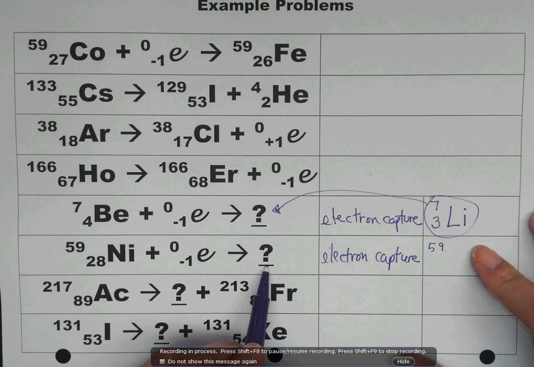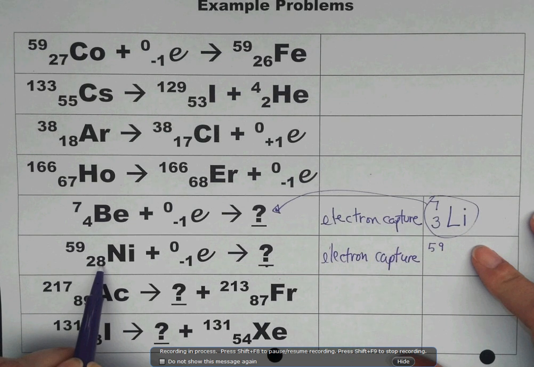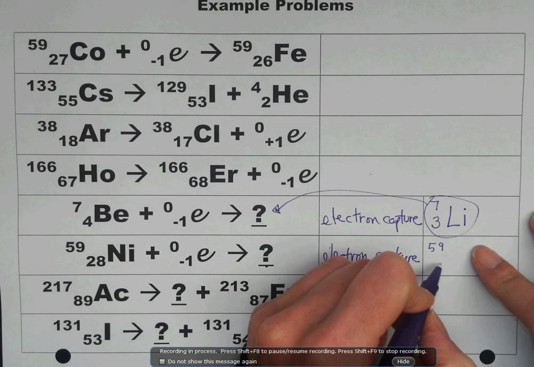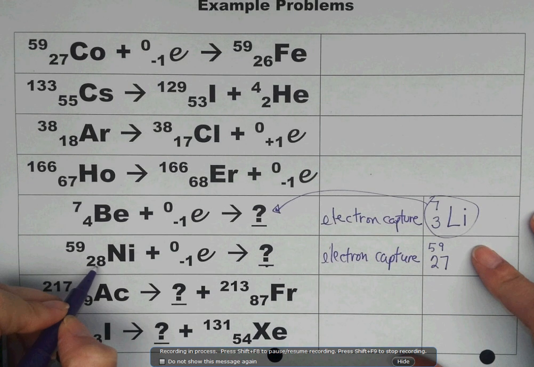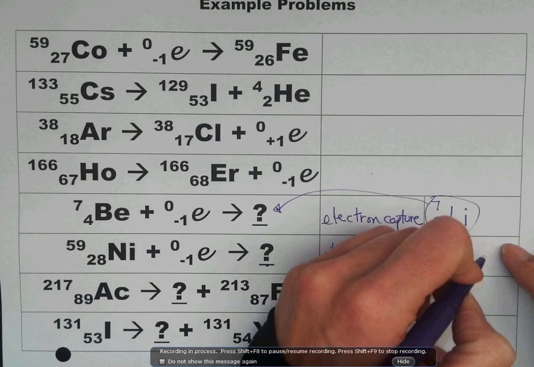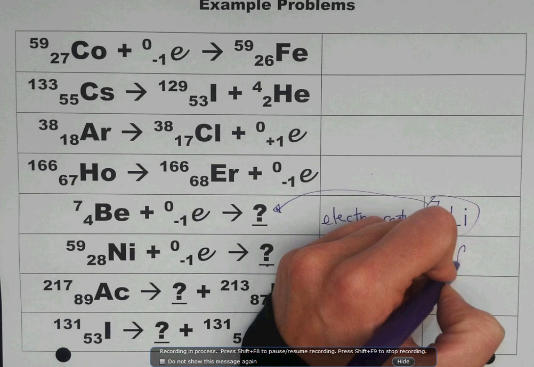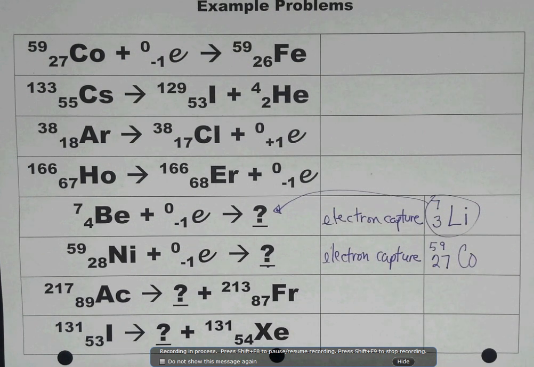And then if we notice, we have 28 protons, but because that electron is going to get attracted to the protons, we are only now going to have 27 protons, because that proton right here turned into a neutron. So now we are going to have element number 27, which is cobalt.